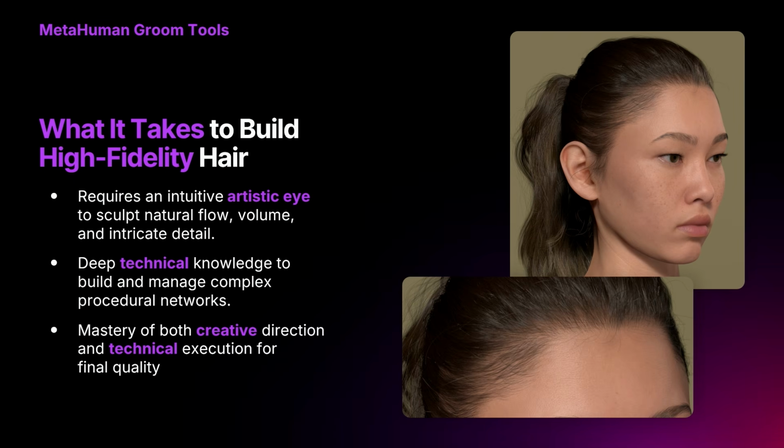It's clear that grooming digital hair is one of the few areas in character creation that demand a deep blend of artistic and technical skills. It takes creative intuition to sculpt the flow, the volume, and the detail that feel natural. It requires technical expertise to manage complexity through procedural systems.